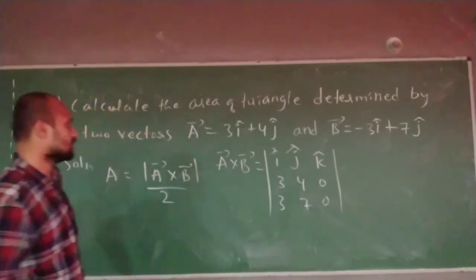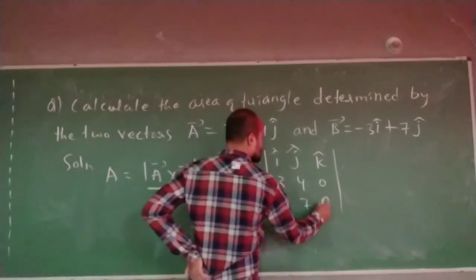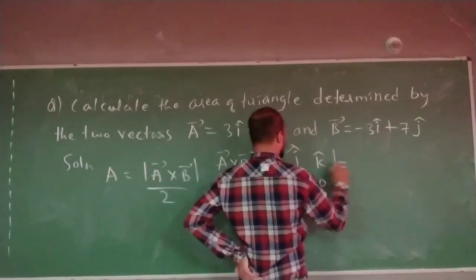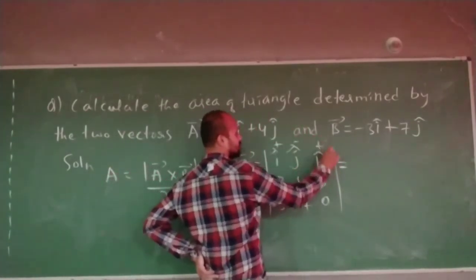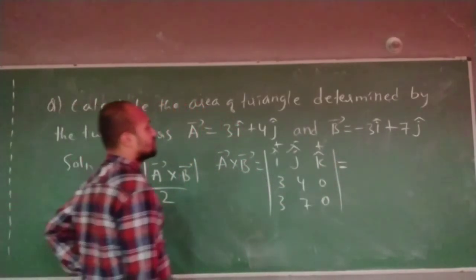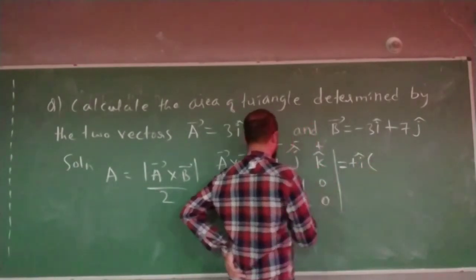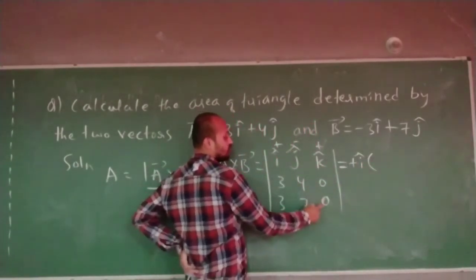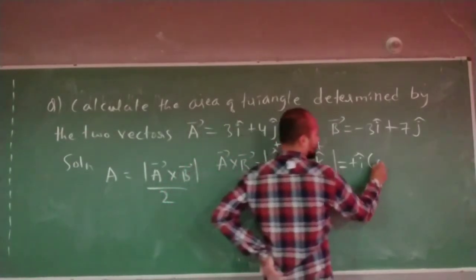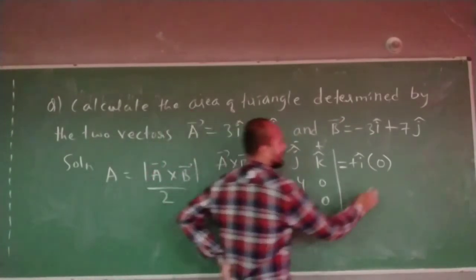If I solve, the signs are plus, minus, plus. First plus i cap into, forgetting this column, 4 into 0 minus 7 into 0. This is 0.